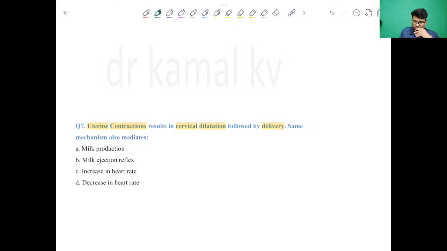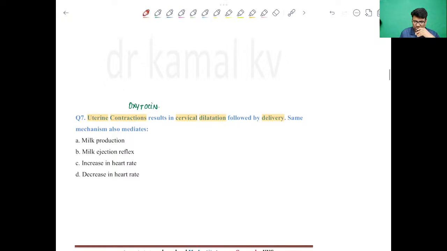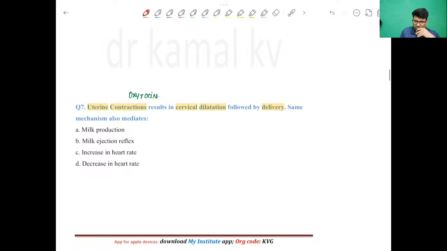So this is mediated by oxytocin, right? Now we need to search out the options which are mediated by oxytocin.